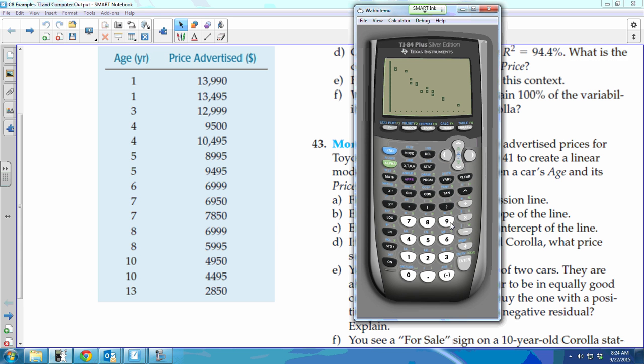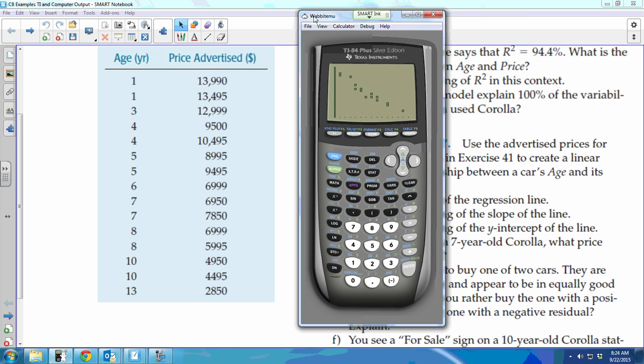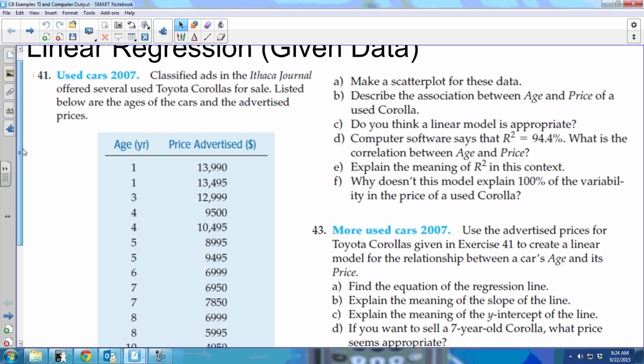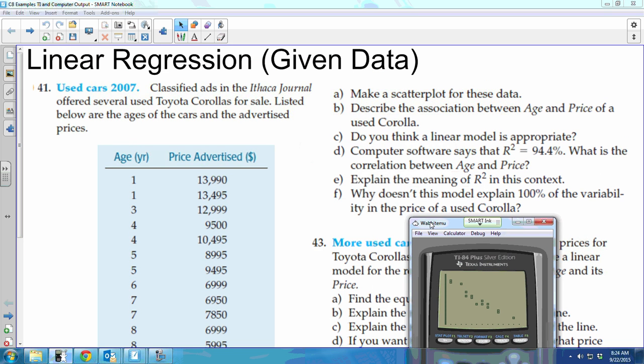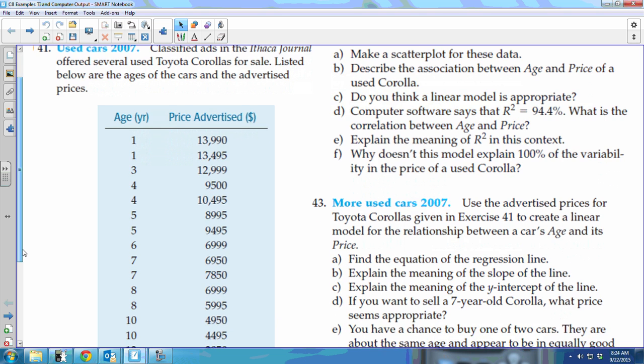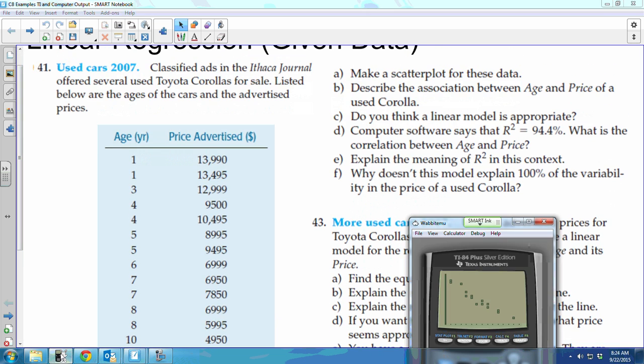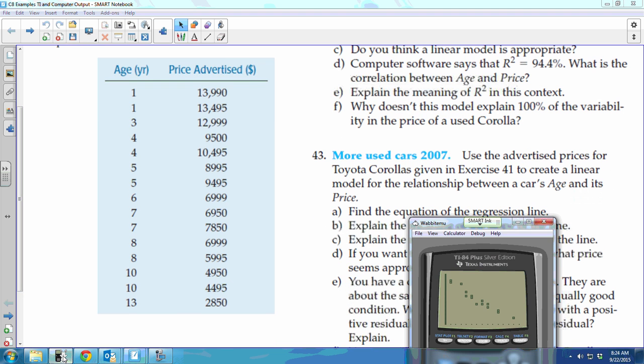Make a scatter plot. So after you put your data in, make a scatter plot. Everyone has data in and all that? Okay. Again, it's number 41 on page 197, so you guys can find that stuff too.